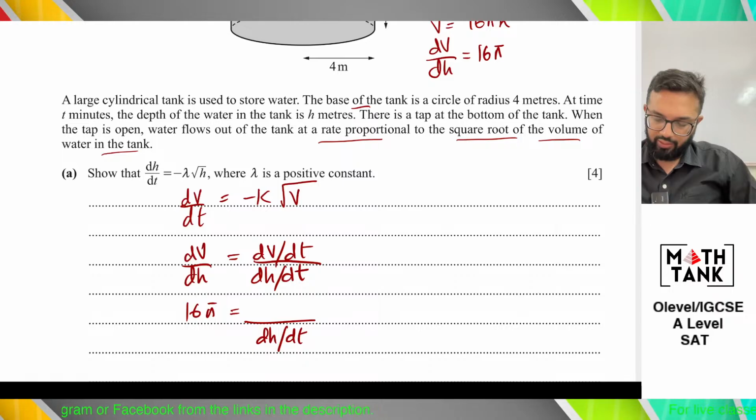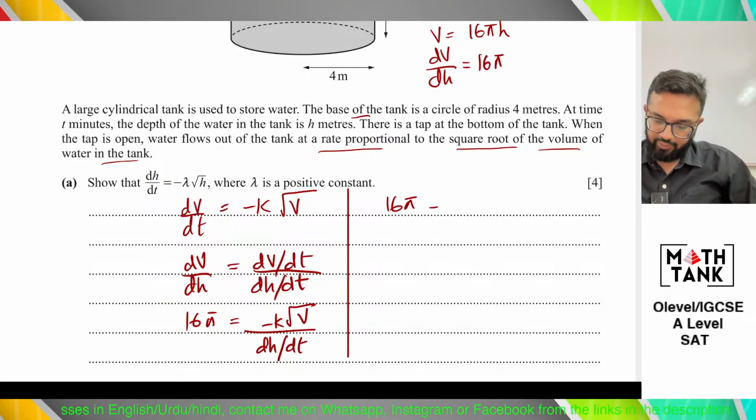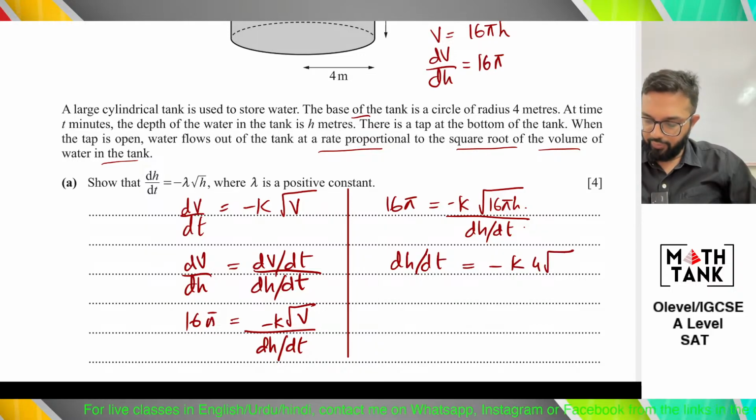And dV over dt is minus k times root of V. 16 pi minus k, that's 16 pi h. dh over dt equals minus k, going to be 4 root pi h and 16 pi.